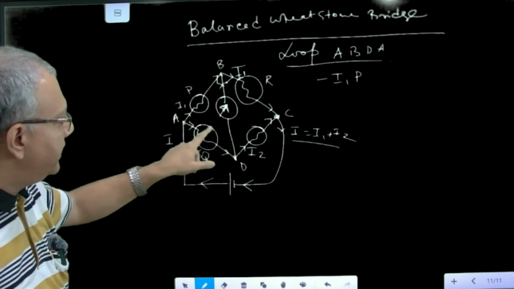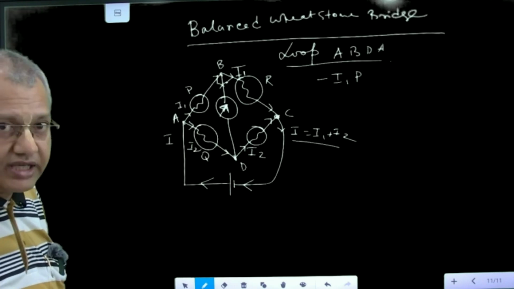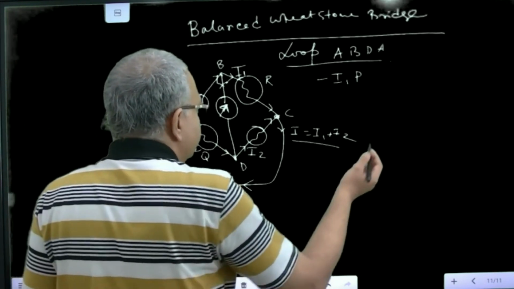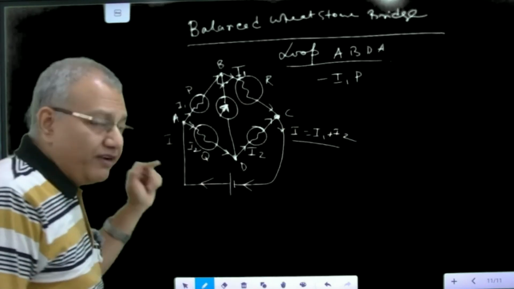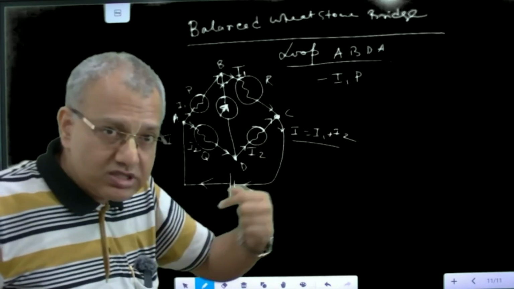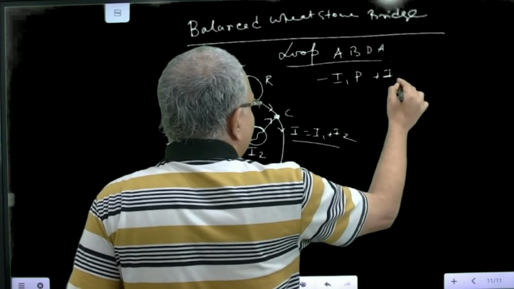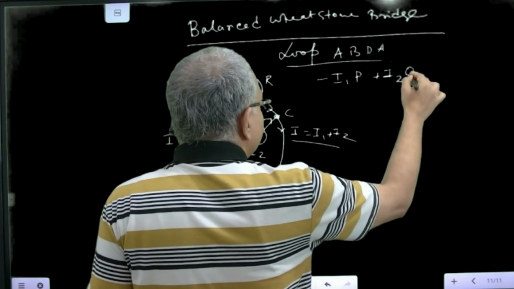Then from D to A, we have moved in the opposite direction of the current. If I move in the direction of the current, the voltage is negative, but in the opposite direction of the current it is positive. So plus I2 into Q.